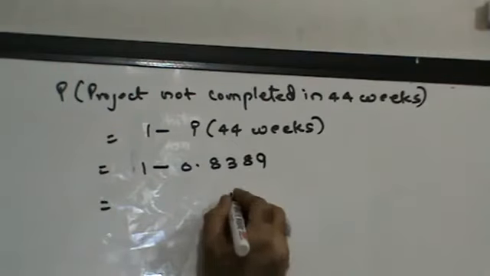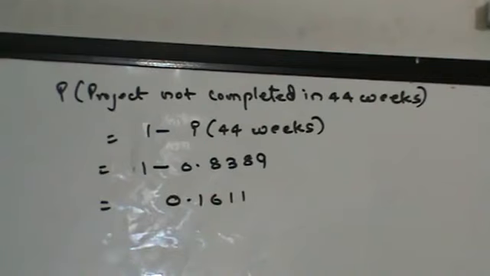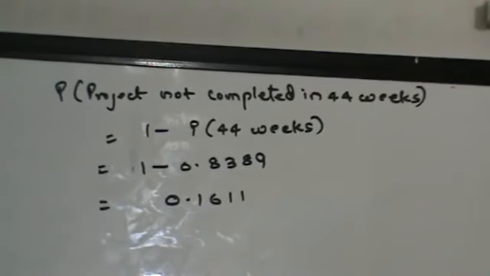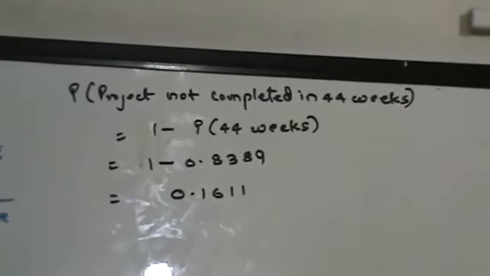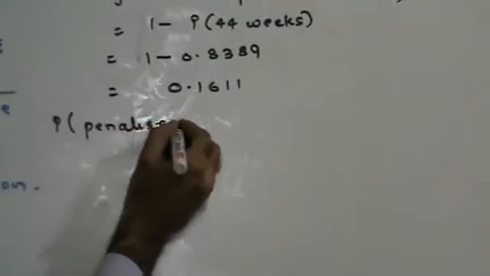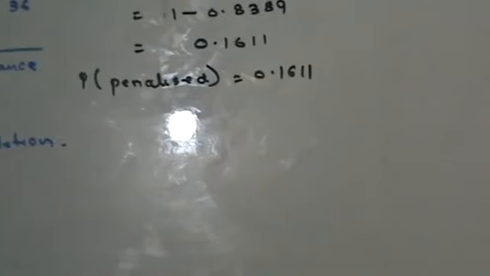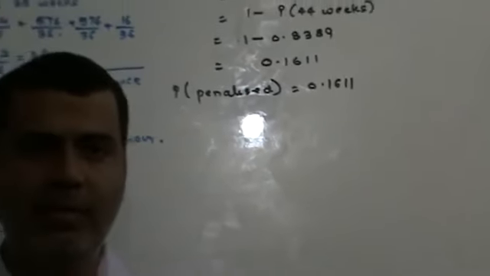So this is 0.1611. That is the probability that the project will not be completed in 44 weeks. Now, if the project is not completed in 44 weeks, I am definitely getting penalized. So the probability that you will get penalized is 0.1611. That's the probability that you would be penalized. Right? Do we understand this?